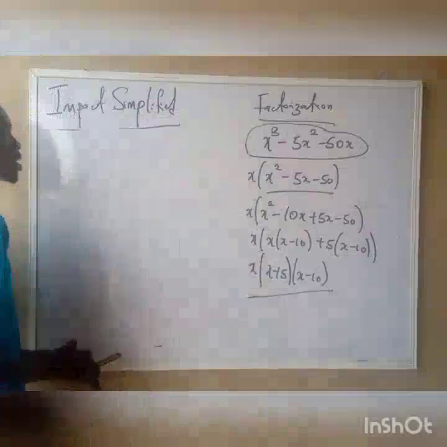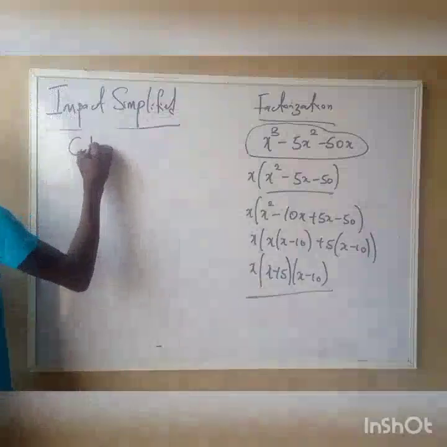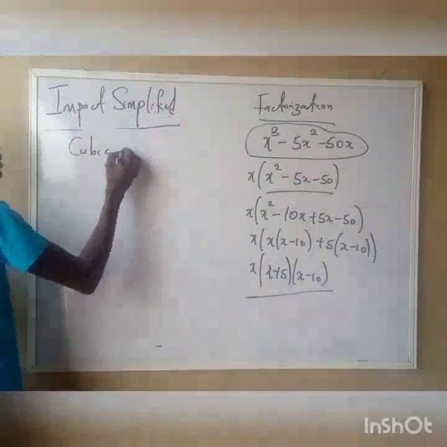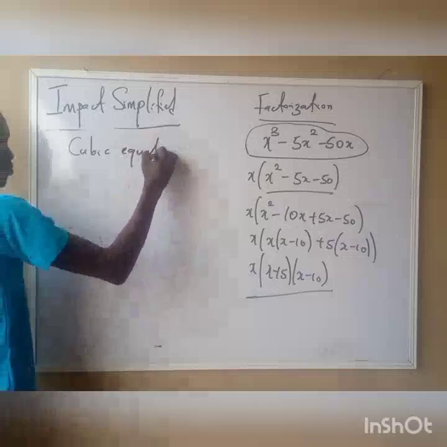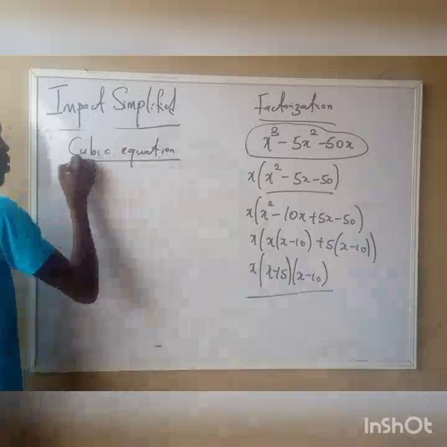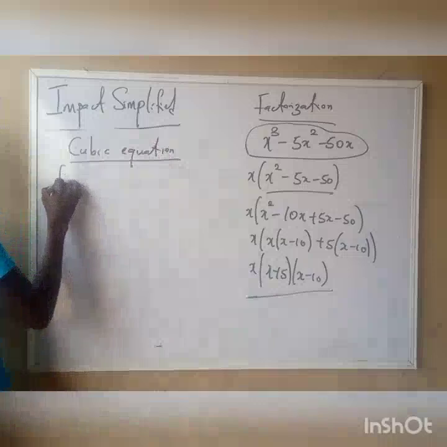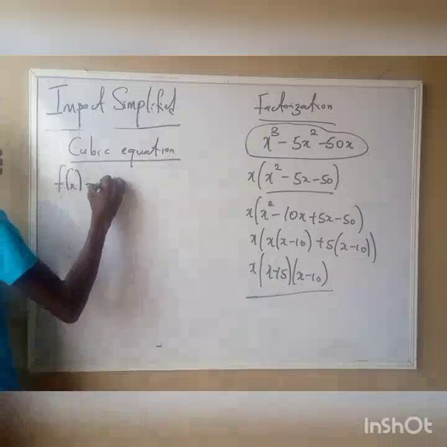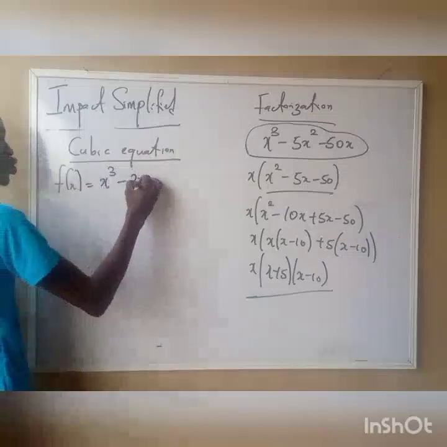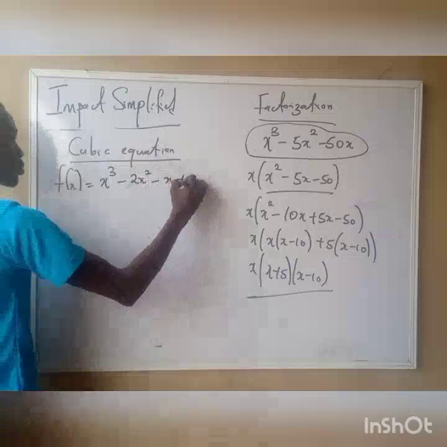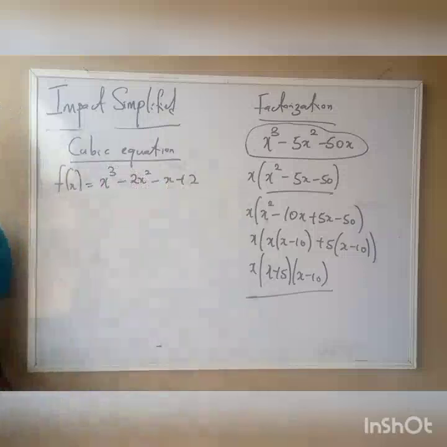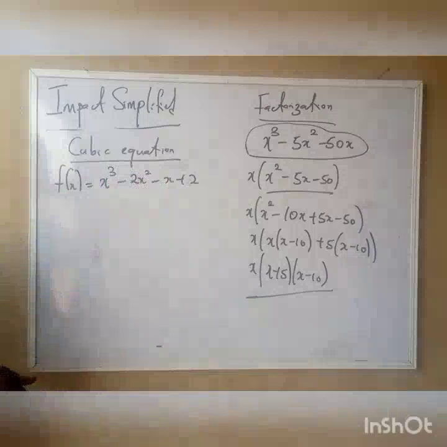And let us now look at the cubic, how we factorize a cubic equation. Now, when we are talking of a cubic equation, we have something like this. F of x is equal to x cubed minus 2x squared minus x plus 2. They said we should factorize this. And how can you factorize?